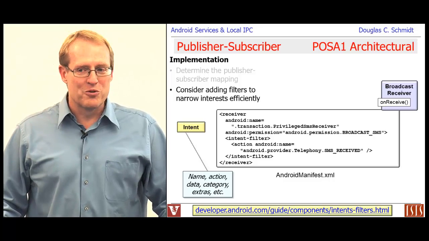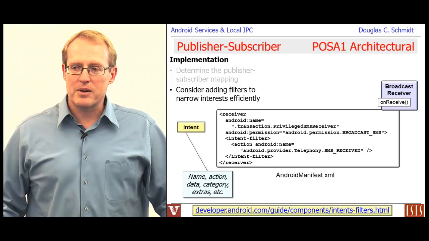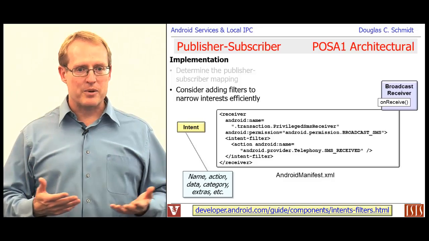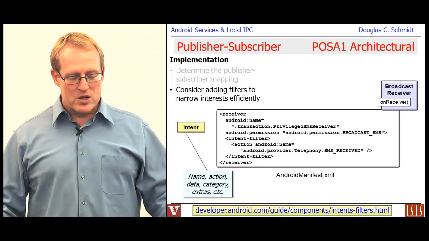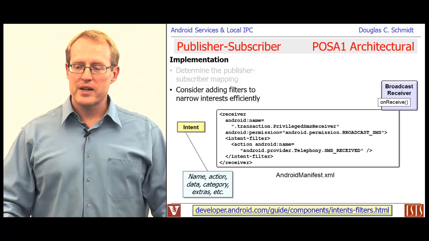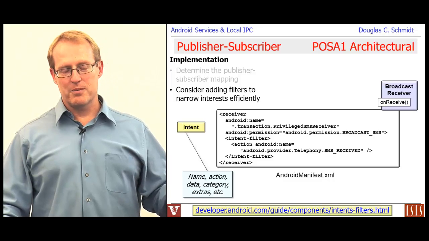If you want to avoid this overhead of giving everybody everything all the time, then you need to come up with some kind of filtering mechanism to narrow people's interests in certain topics or certain parts of certain topics. So in Android, this is done by the concept of intent filters. And there's different ways to define or program, implement intent filters.